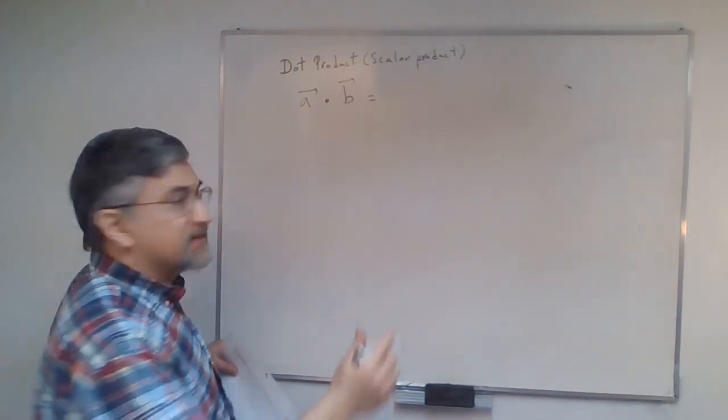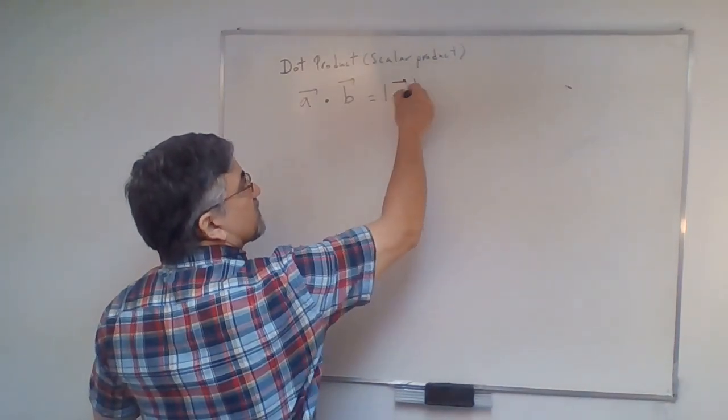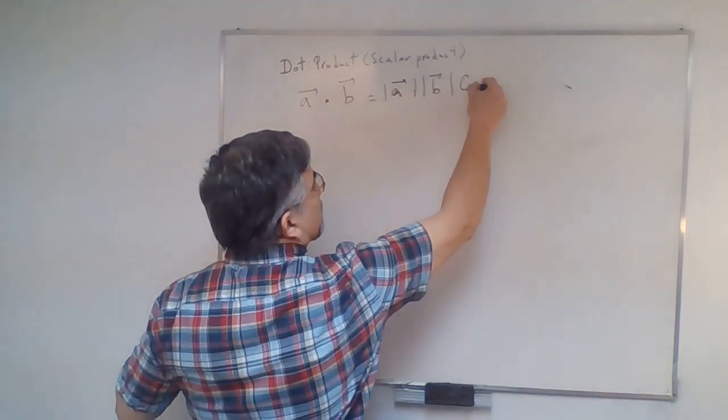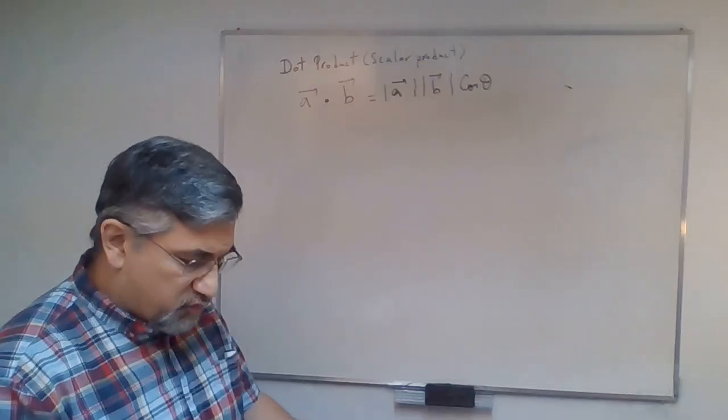And it is defined as the magnitude of the first vector times the magnitude of the second vector times the cosine of the angle in between.